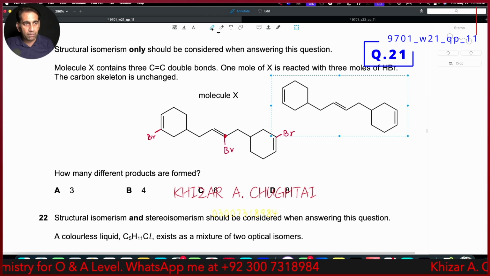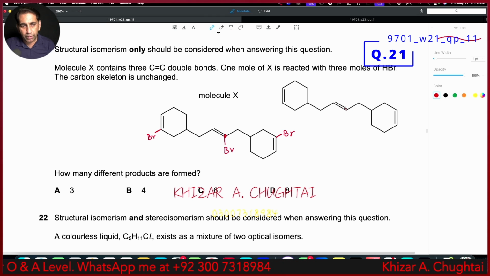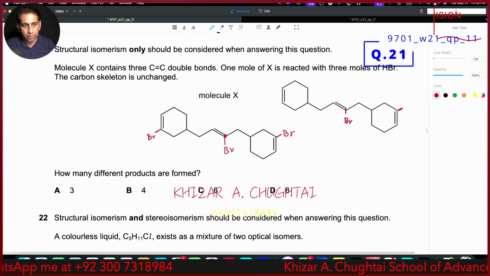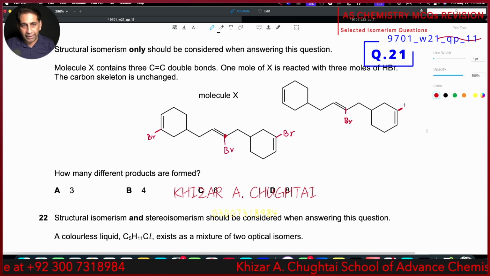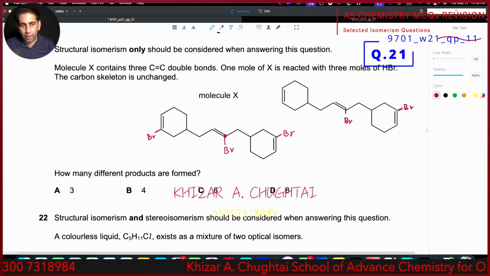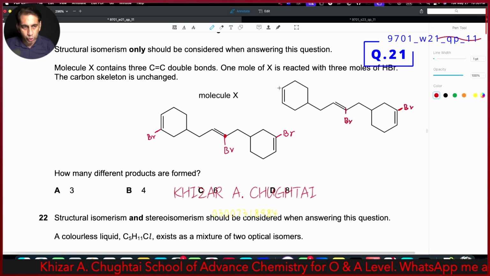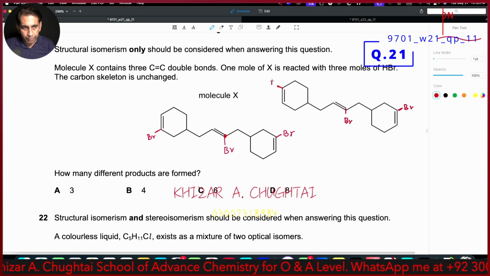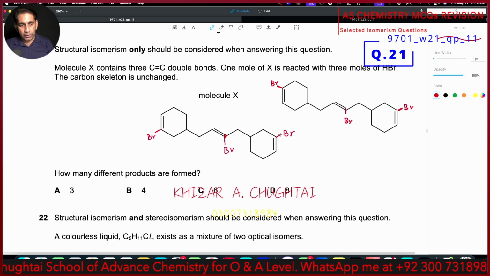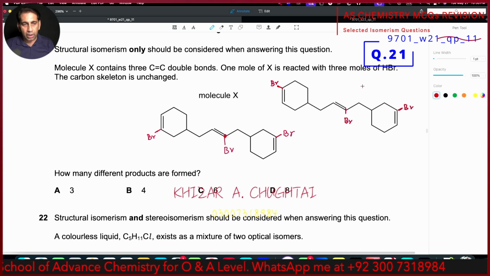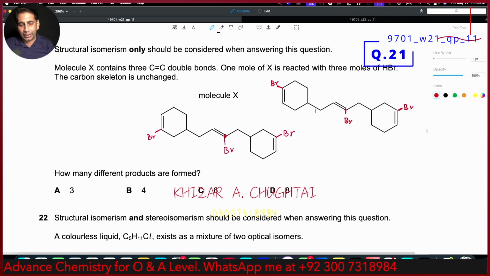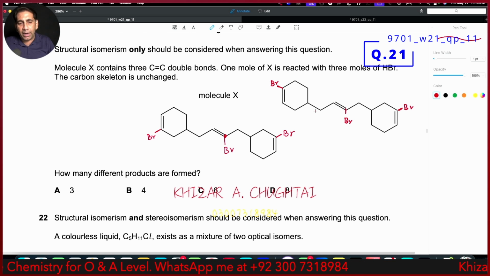Using the same methodology, I'm putting Br over here, retaining this Br at this position, but I'm not going to keep the other Br at the same position, as I'm going to make the isomer. So I'm going to mark Br over here. So these 2 molecules obviously have different nomenclature and different structural formulas.